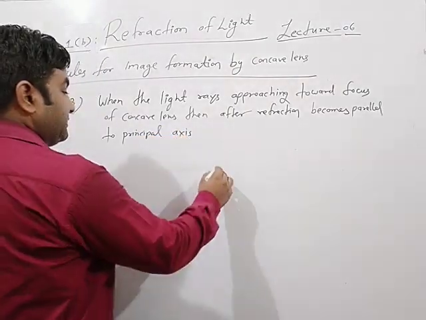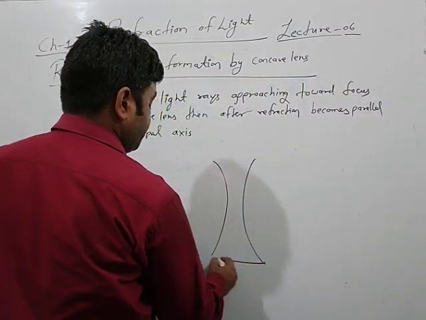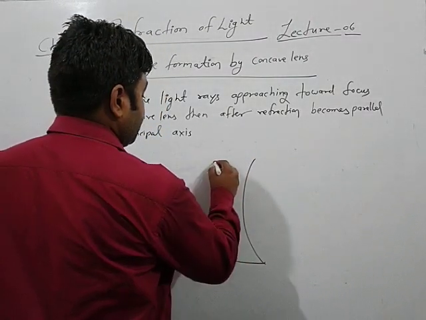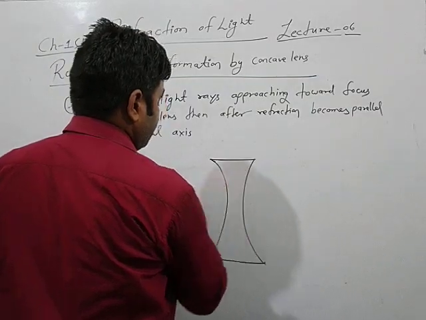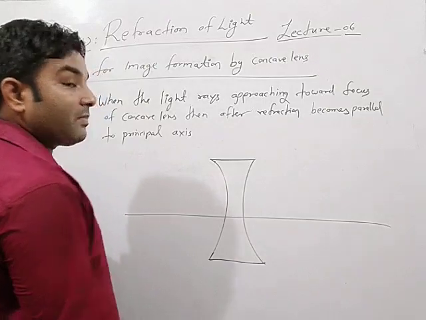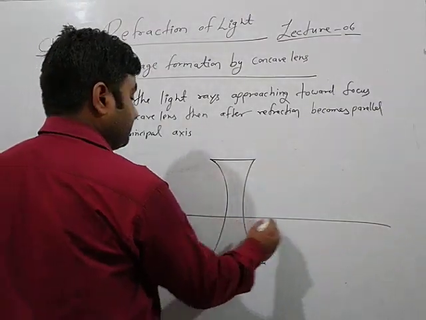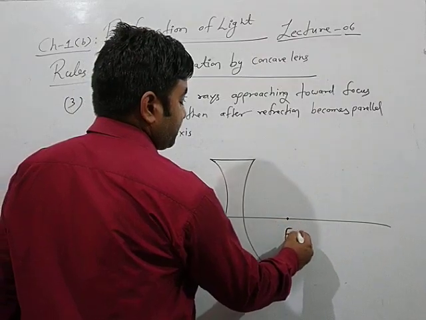Just see the diagram concept. This is concave lens, and here this one is principal axis, this one is first focus, and this one is second focus.